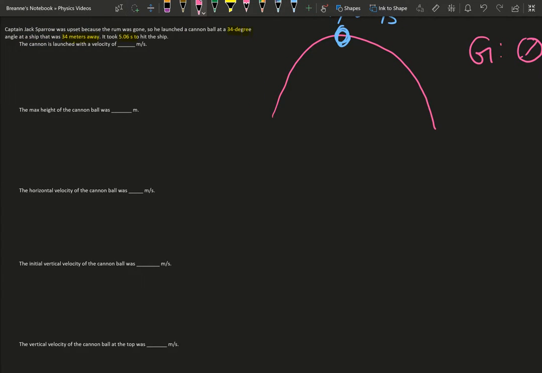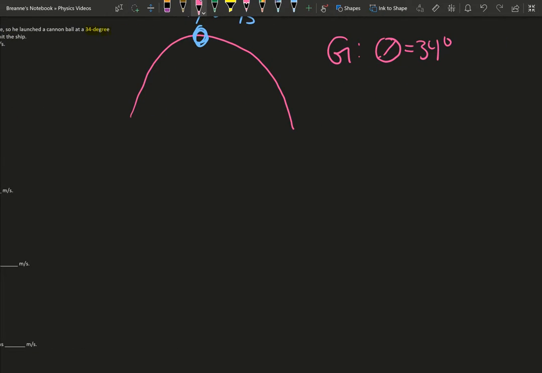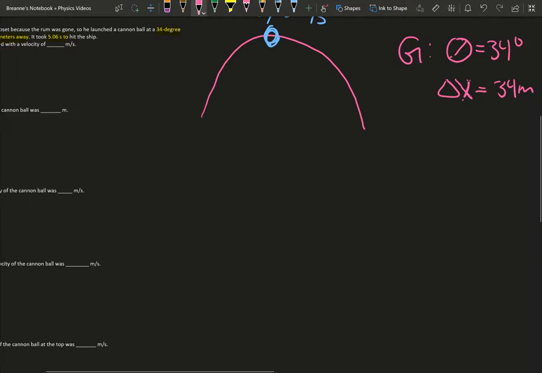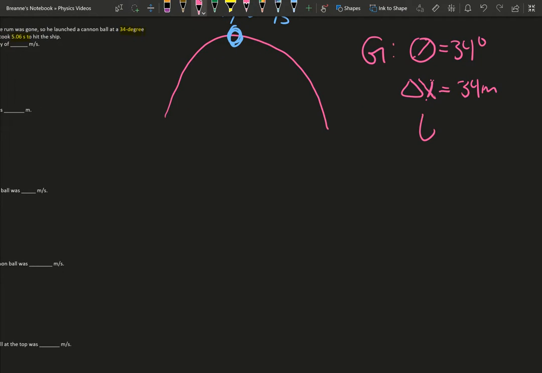Again, that away is telling us, look way over there, so it's giving us our delta x. So our delta x is 34 meters. Next thing it says it took 5.06 seconds. So it gave us our time, 5.06 seconds.